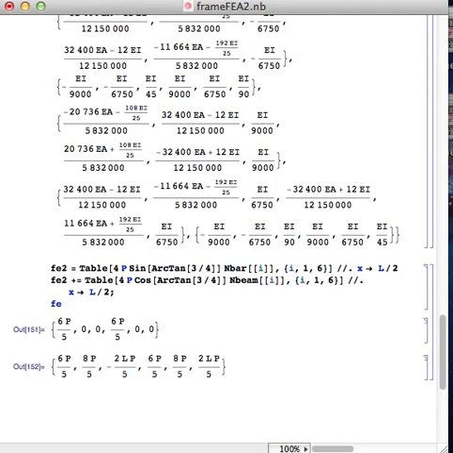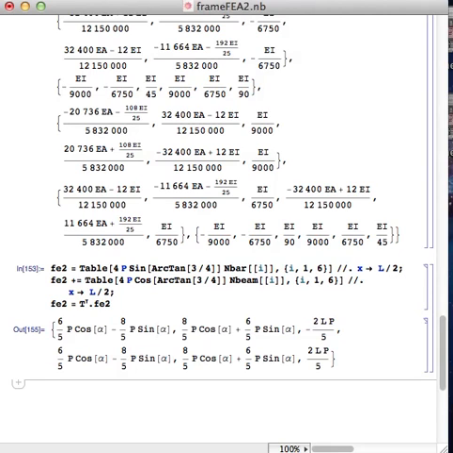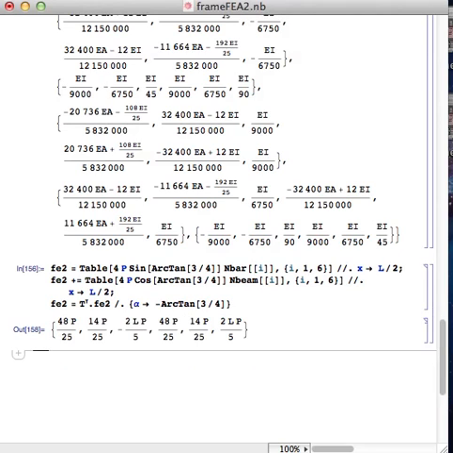So our last thing would be to transform it, and we need to plug in our angle. And we can plug in the value of L there.